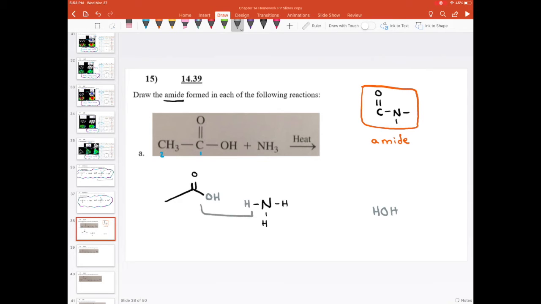You can see that right here, HOH, which is really just water, H2O. So those go away, and the carbon that had the double bond to oxygen just connects directly to the nitrogen in its place. Now you don't want to leave that awkward, extremely long bond there, so you can redraw it.